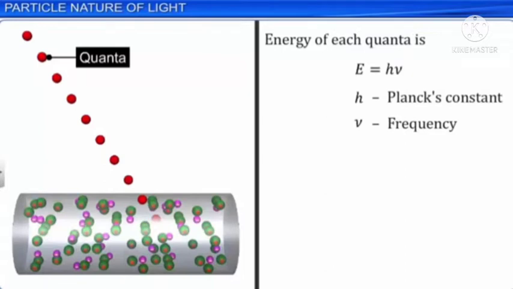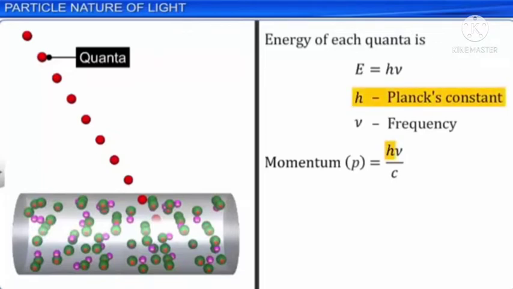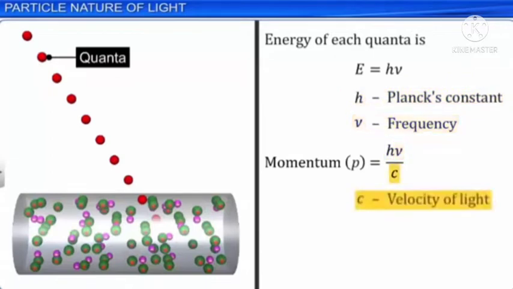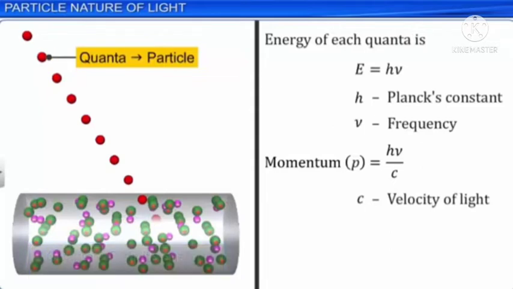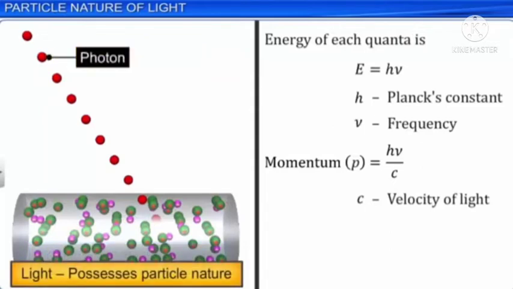Einstein concluded that each packet of energy can also be associated with a definite momentum p equal to h nu by c, where c is the velocity of light. Each quanta has definite energy as well as momentum, and hence each packet of energy can be treated as a particle, which is called a photon. Now we can say that light possesses a particle nature as well.